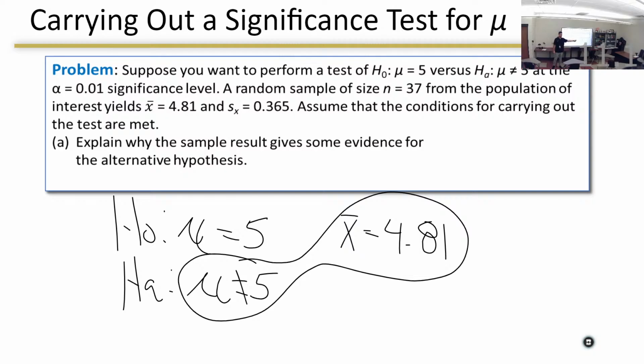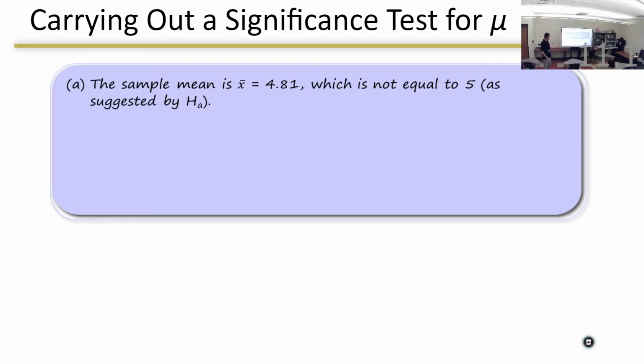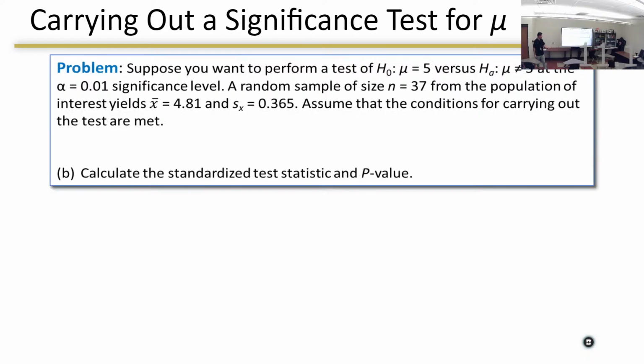If my sample gave me 5, it's going to be impossible to reject that. If I'm looking for mu greater than 5, it's impossible for me to prove it. I'm just looking for different than 5, so that's 4.8. Good enough?